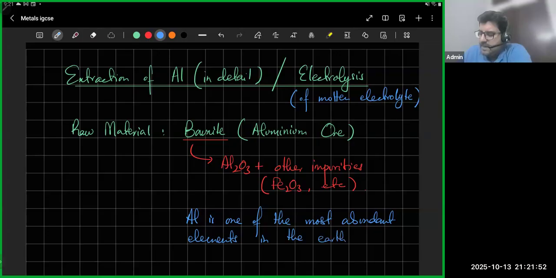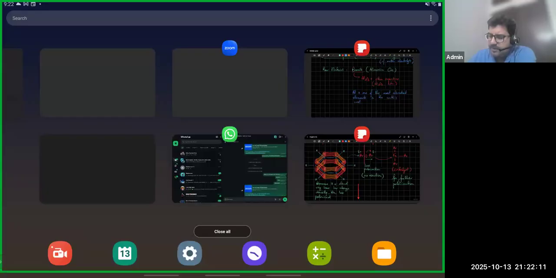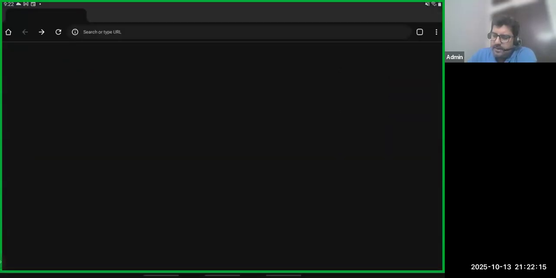If you look at sand, sand has a lot of aluminium oxide. So it's very abundant. But bauxite is something that's normally present in your homes as well.